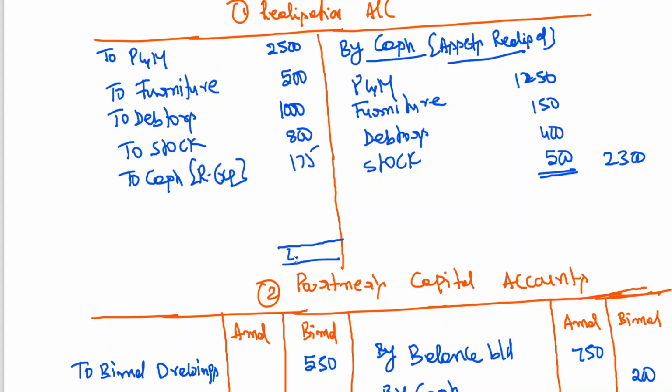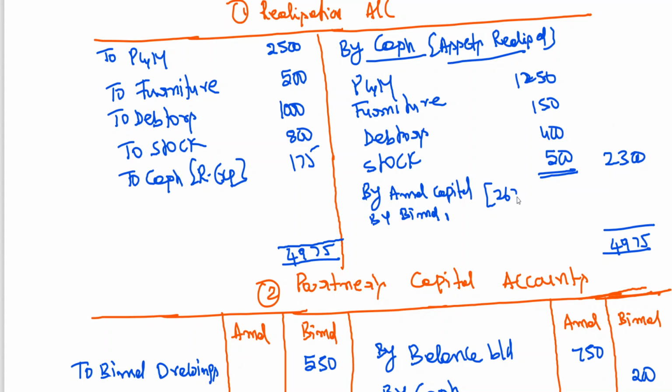4975 minus 2300, 2675 will be transferred to Amal capital and Bimal capital.